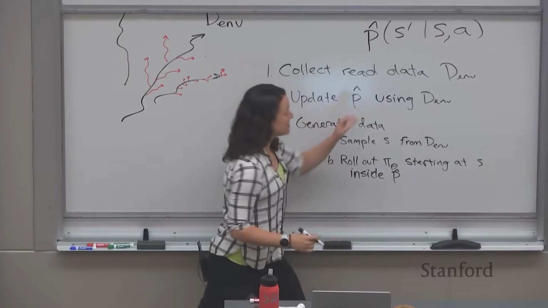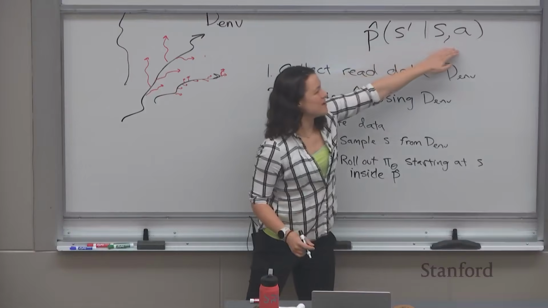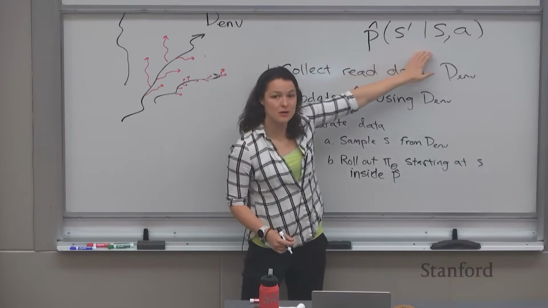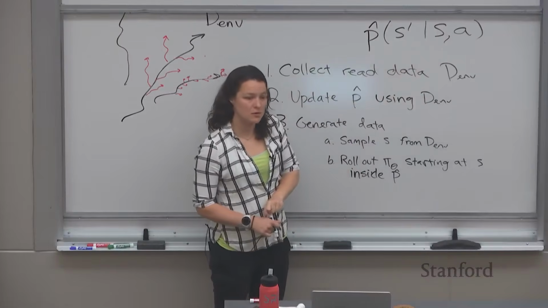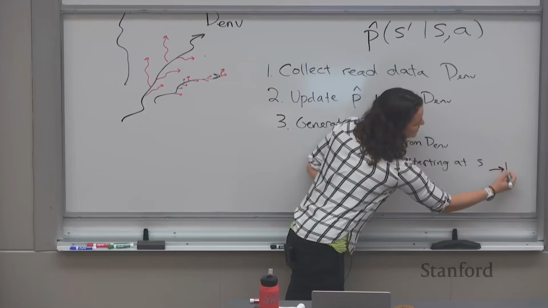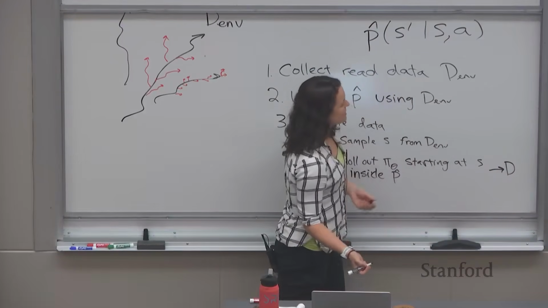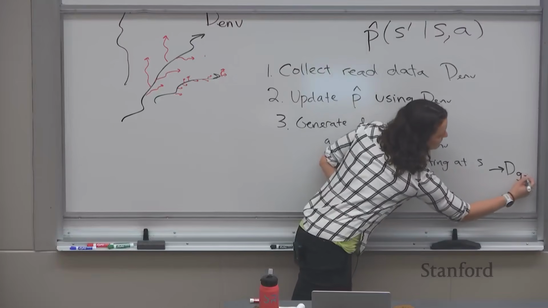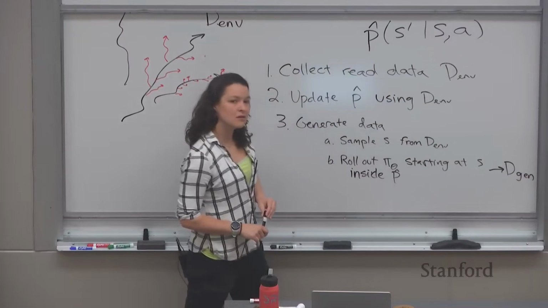And so this will be inside the world that is instantiated from your learned model and not in the real environment. This data will go into some other data set. Maybe we can call it D_gen, for generated data.